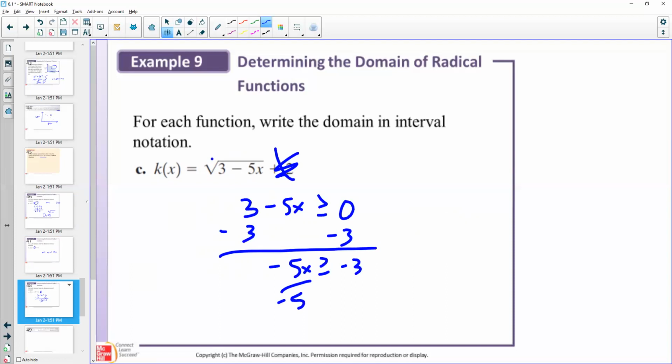Divide by negative 5, and remember when I divide by a negative, the sign flips, so x has got to be less than or equal to 3/5. So I'm going from negative infinity to 3/5, and then I'm going to stop. That's the domain here.